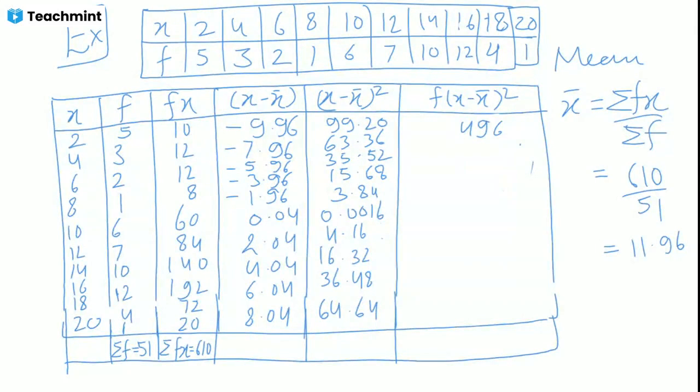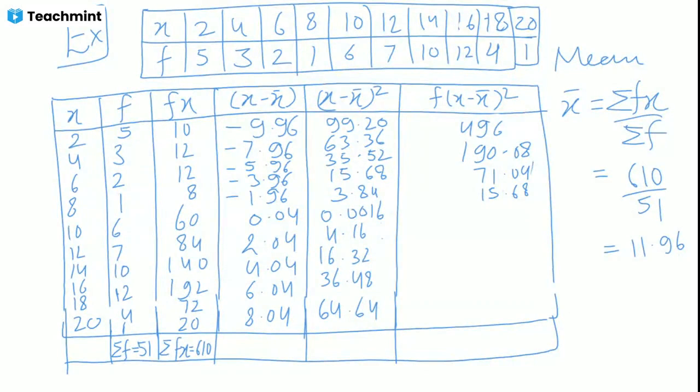Then 63.36 multiplied with 3, so we have 190.08, and then 35.52 into 2, we have 71.04, and 15.68 into 1 only, so we have 15.68 only.